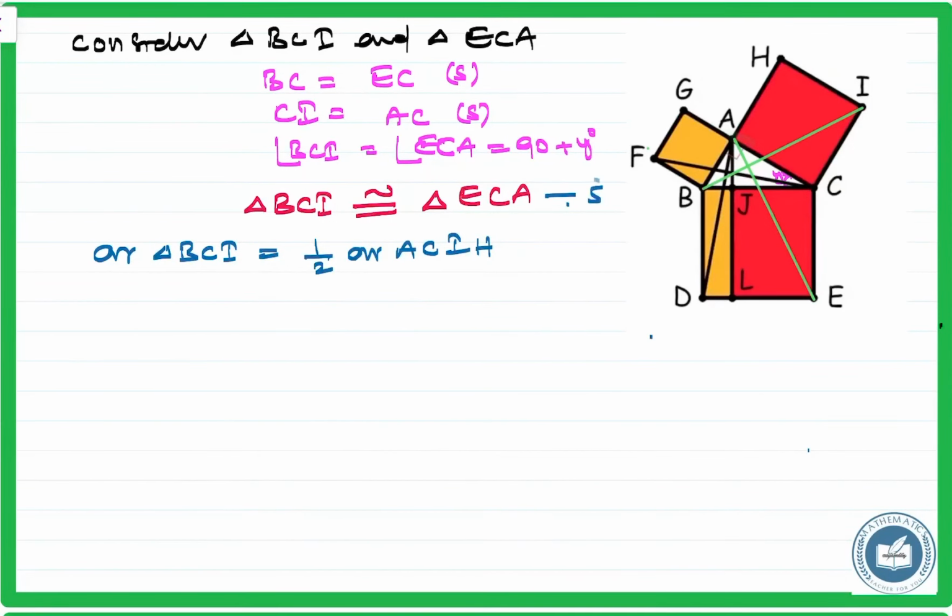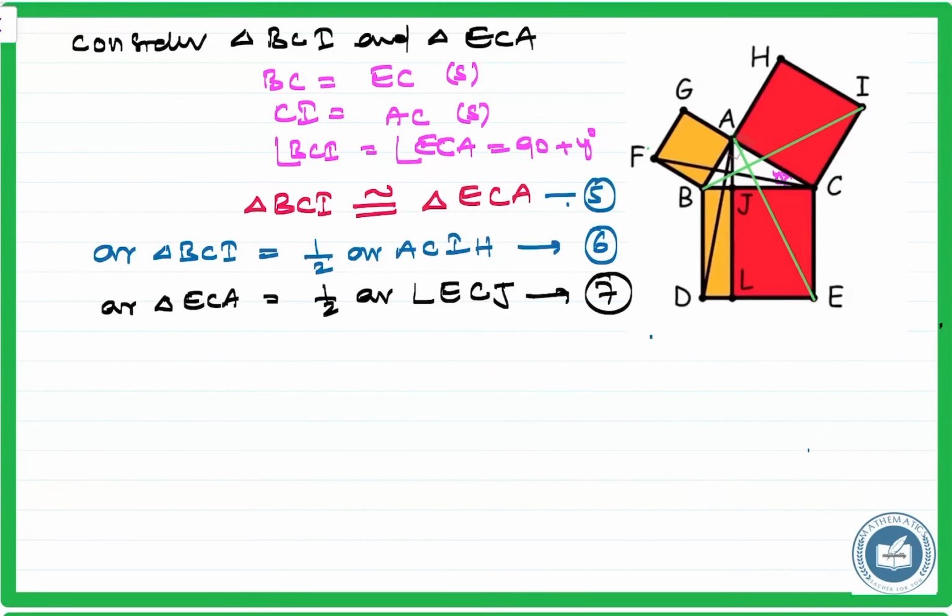This one you can take as 5 and this one as 6. Another one: the area of triangle ECA is half of the area of rectangle LECJ, and this one is 7.